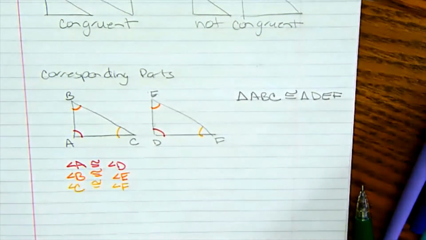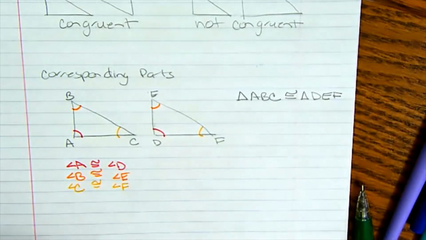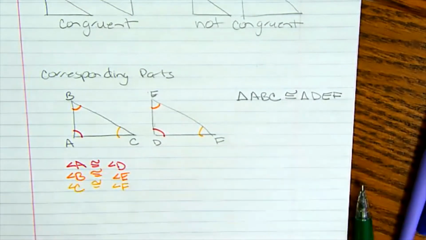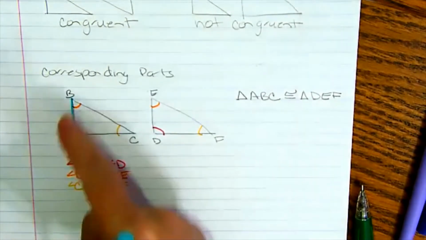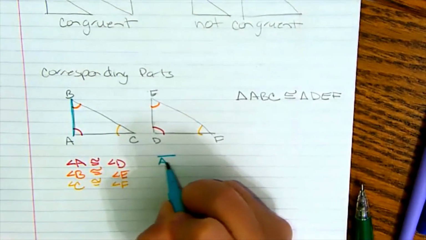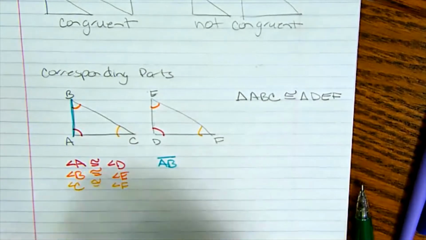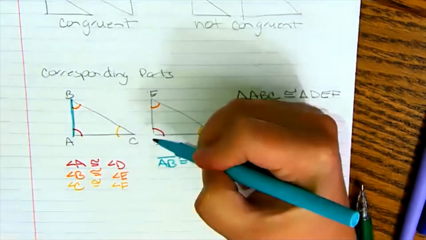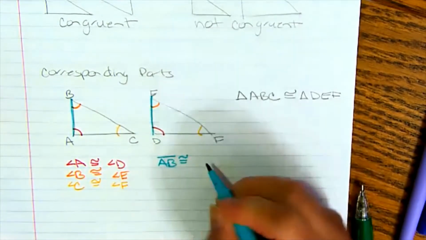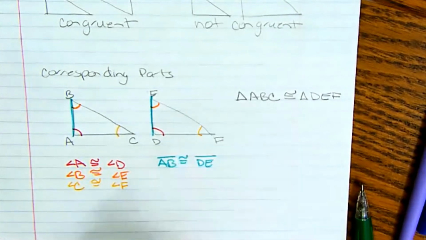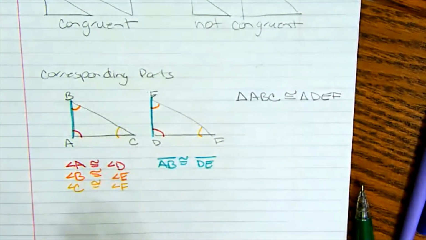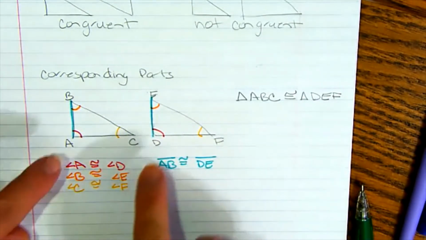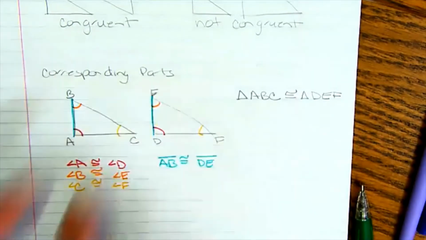Okay, let's talk about corresponding sides. This is side AB. Side AB is congruent to side DE. And here again, we want to label the sides in the same way, the same corresponding point to point.